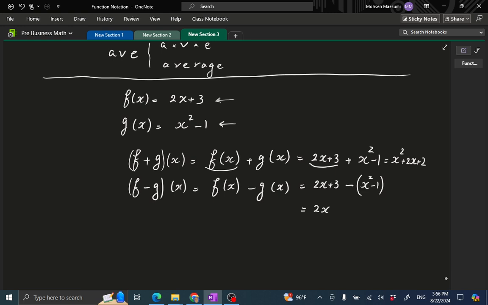So 2x plus 3, with a negative in front of the parentheses, then well, you have to distribute it, and then let's write them in order. Minus x squared plus 2x, and then 3 and 1 is a 4. In the same way, you can talk about f times g or f divided by g and so on.